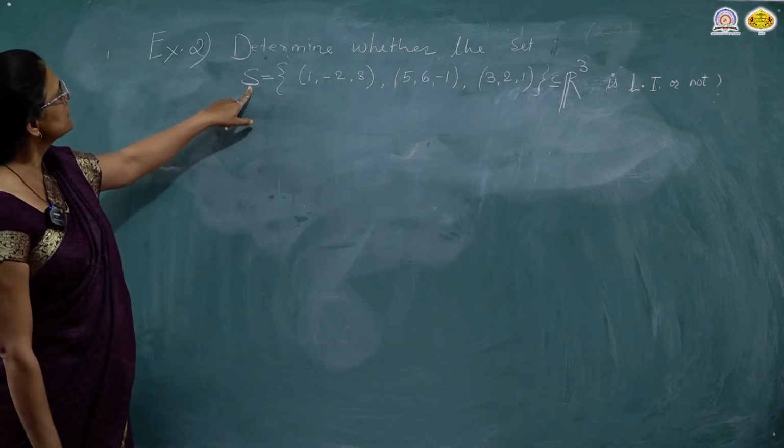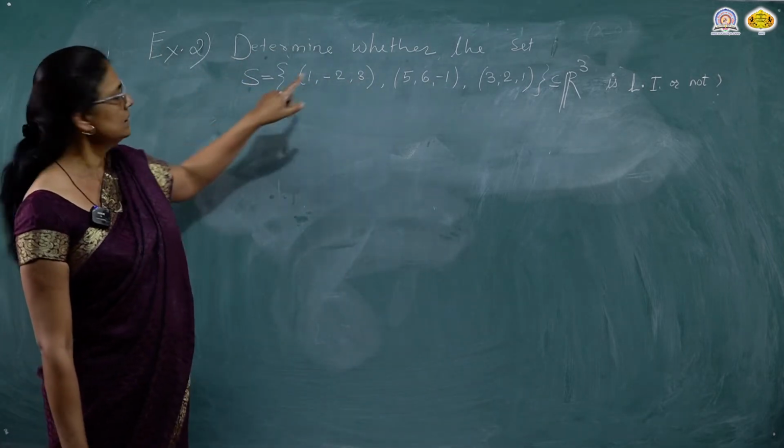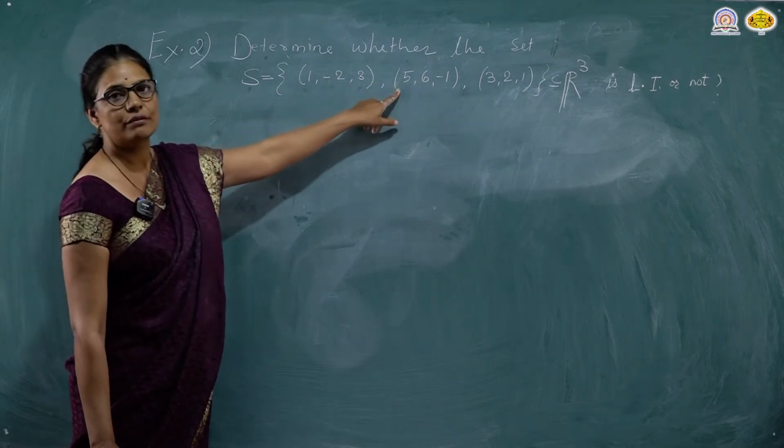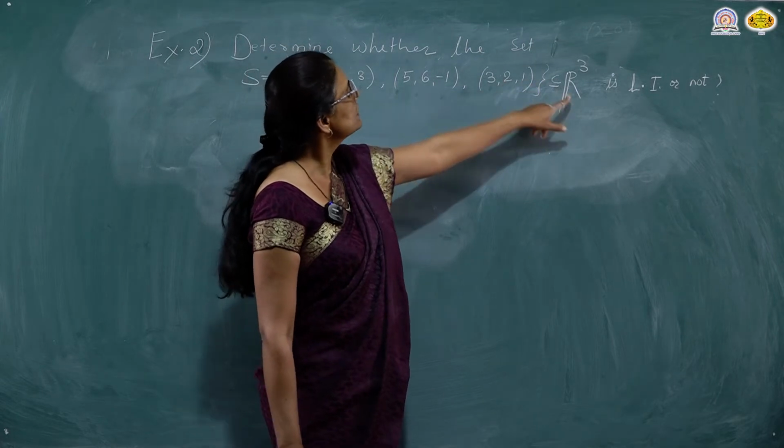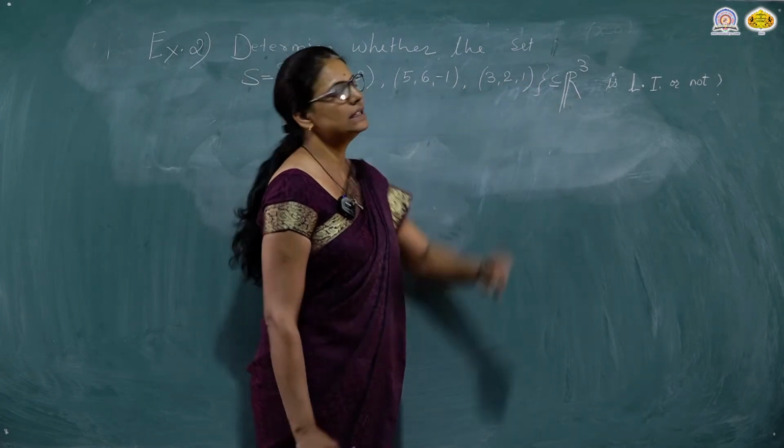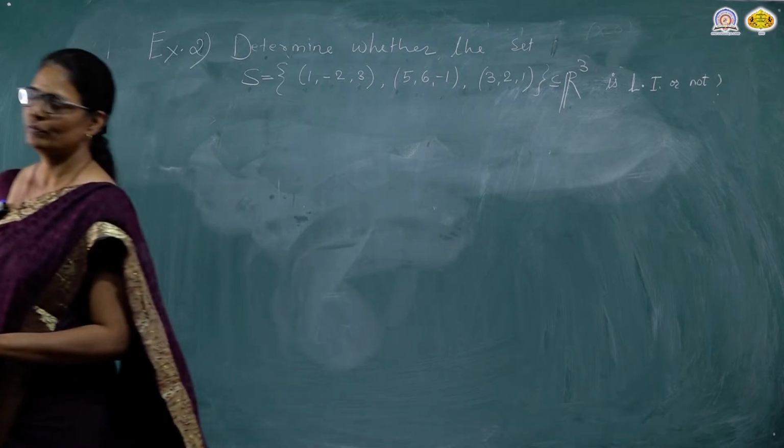Determine whether the set S containing these three vectors (1, minus 2, 3), (5, 6, minus 1), (3, 2, 1), which is a subset of R3, is linearly independent or not.